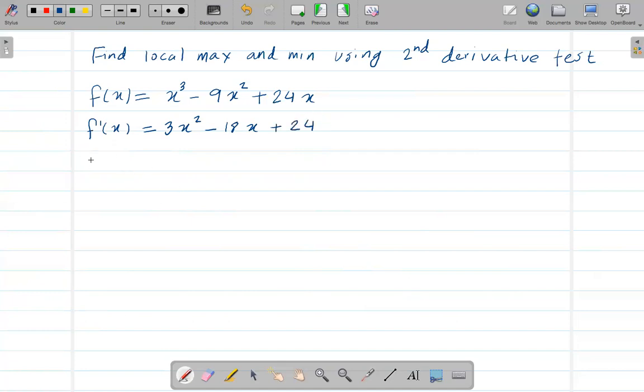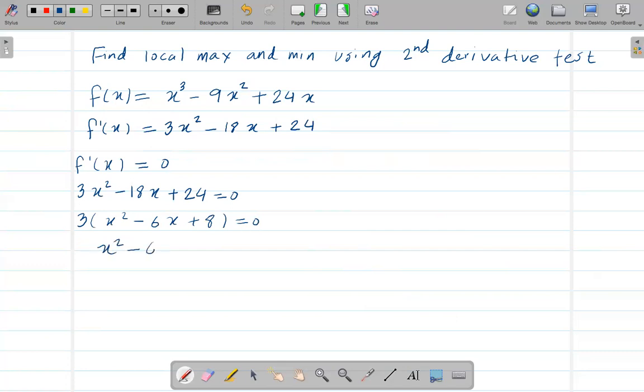So now to find the critical number, we can say f prime of x equals 0. So we get 3x squared minus 18x plus 24 equals 0. Now factor out 3, divide by 3 on both sides, so we just have x squared minus 6x plus 8 equals 0.